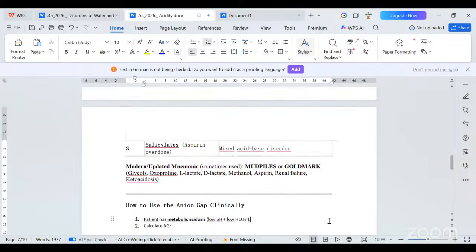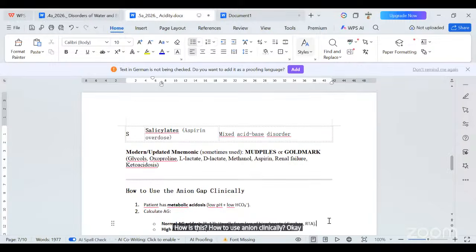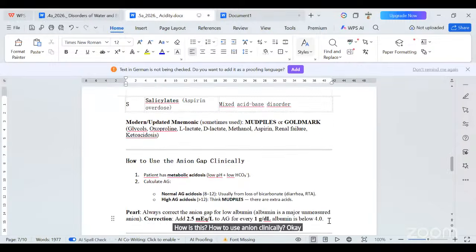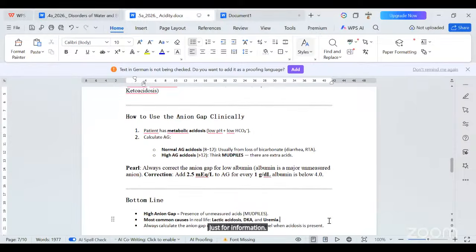How do we use the anion gap clinically? This is just for our information because this is not a clinical class. I would just like us to focus majorly on the electrolytes and the organs affected or what is causing it.